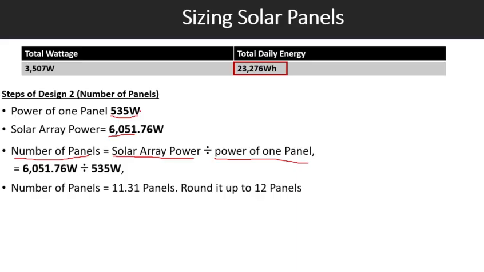That's the power of the panel that we choose. It should be 6,051.76 watts, which is our solar array power, divided by the power of one panel, which is 535 watts, and it will give us 11.31 panels. So we round it up to 12 panels.